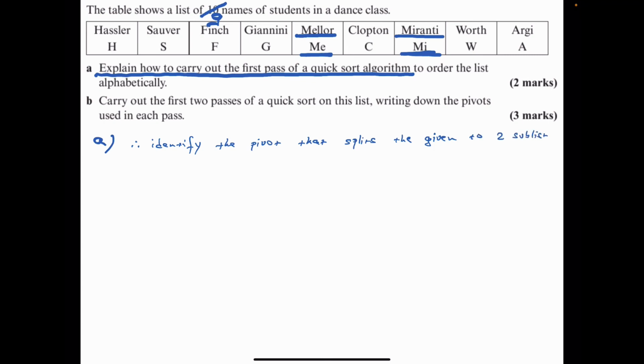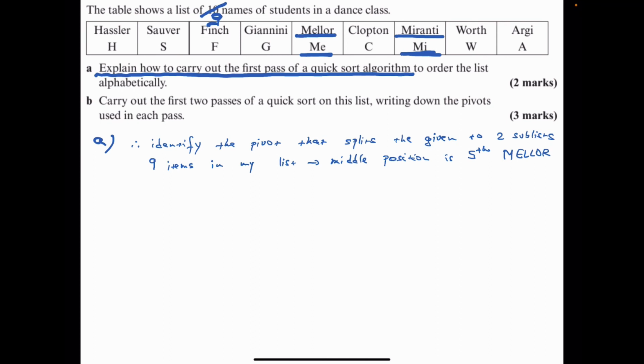Because I have 9 items in my list, the middle position would be 5. The middle position is 5th, and the 5th name, 1, 2, 3, 4, 5, is Meller. Okay.